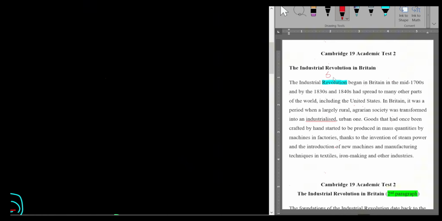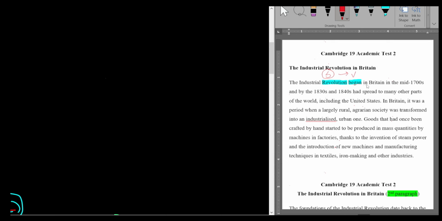Now we will look for a verb of this subject. As we move forward, we see a verb here: "began". So this is the subject and this is the verb.